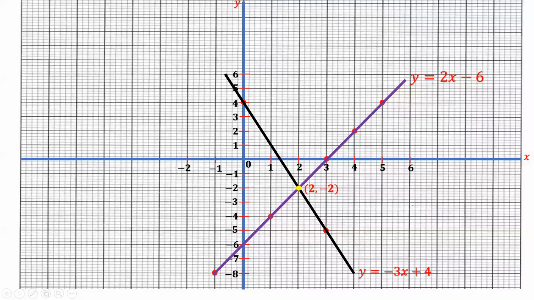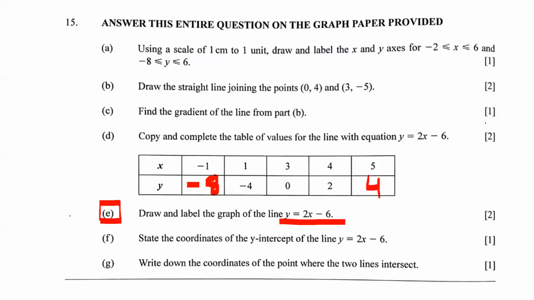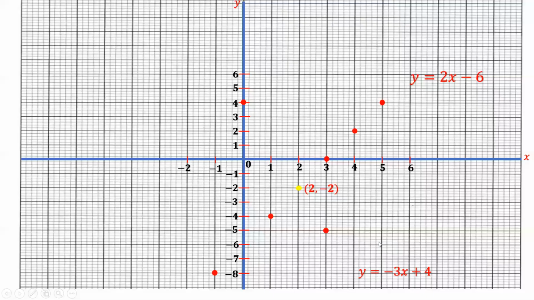They said, state the coordinates of the y-intercept of the line y is equal to 2x minus 6. Now the y-intercept is going to be the point where this graph crosses the y-axis.